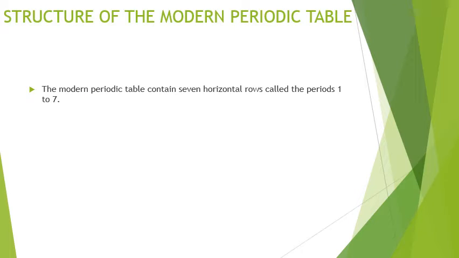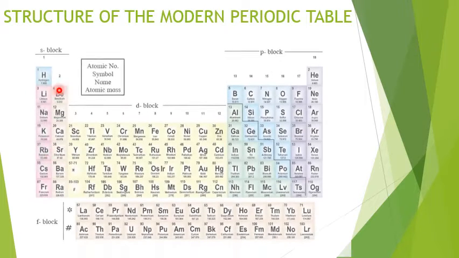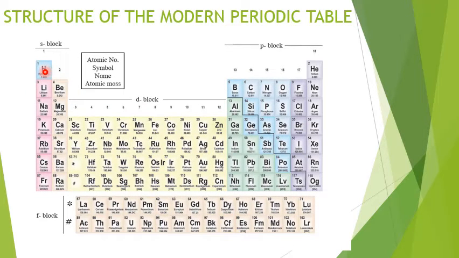The modern periodic table contains 7 horizontal rows called the periods 1 to 7. Do not take the concept wrong. When you say periods, it means that you have to go left to right.